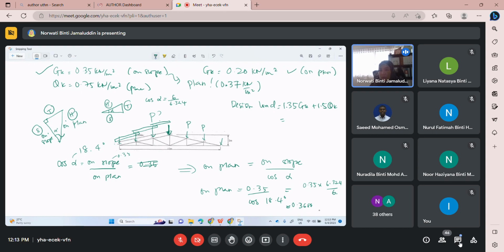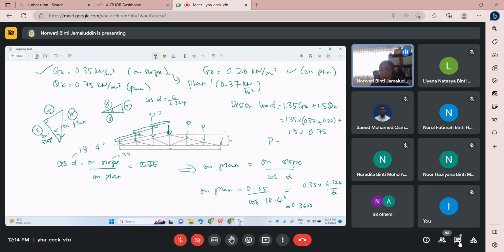So 1.35 times GK, GK is 0.37. We need to sum up this value, plus 1.5 times 0.75.